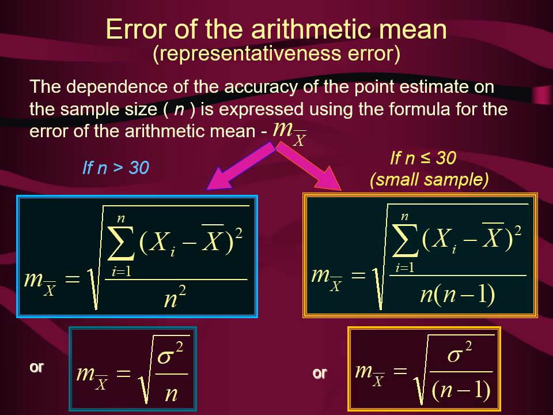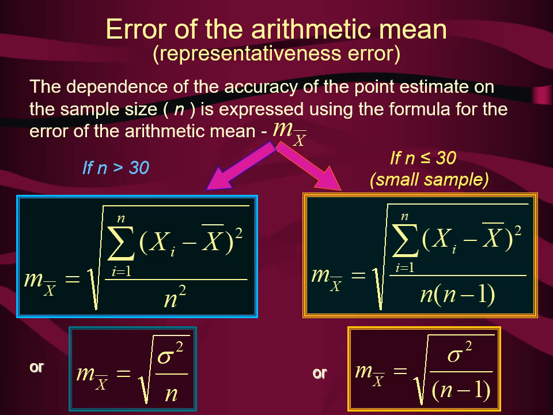Using this comparison, it can be seen that the arithmetic mean error for small samples is an even greater value, since the denominator decreases here. These are some wonderful formulas that you will have to work with.